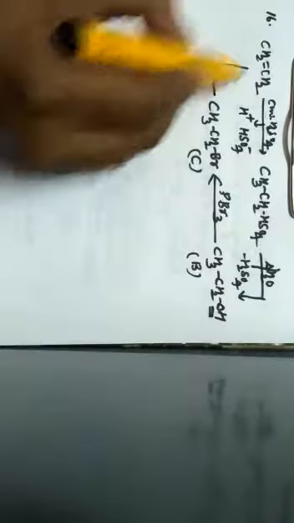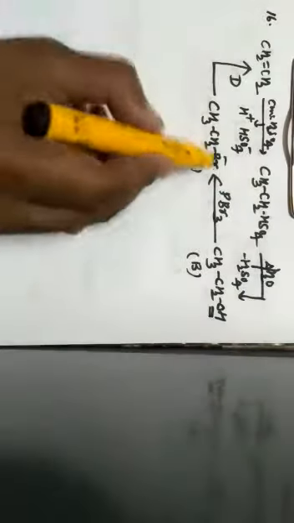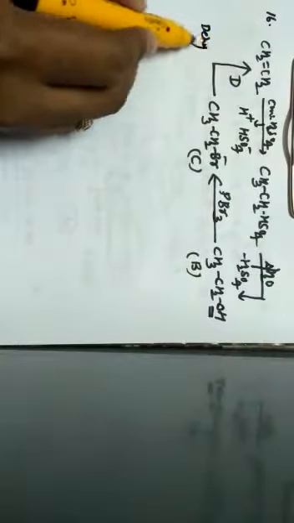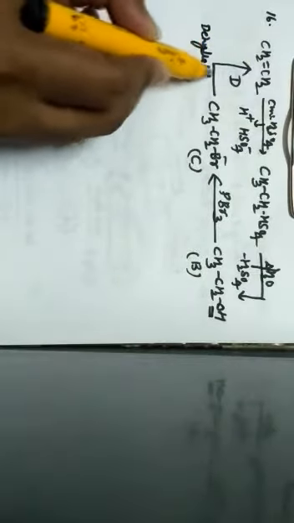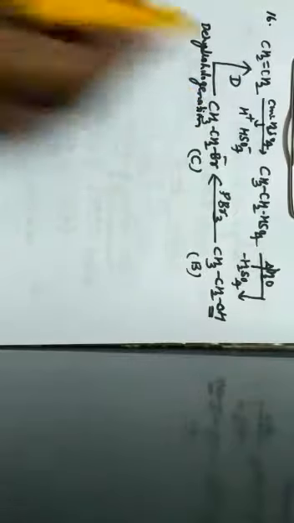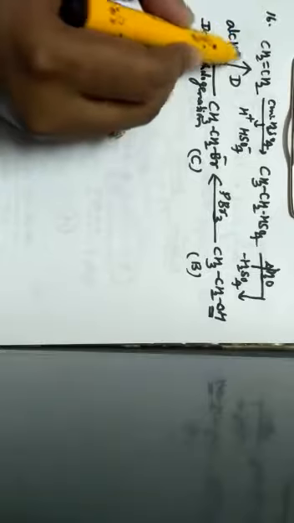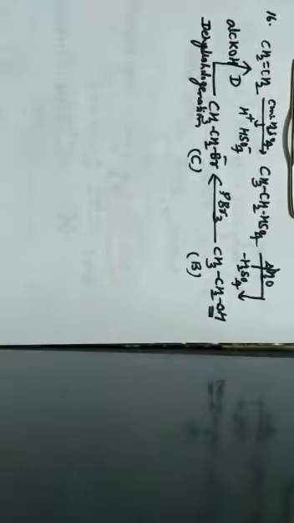When this C reacts with D, again we get ethene. So if I have to get ethene, it means I have to remove the halogen. This is nothing but a dehydrohalogenation reaction, and this dehydrohalogenation reaction is always carried out by a reagent called alcoholic KOH.